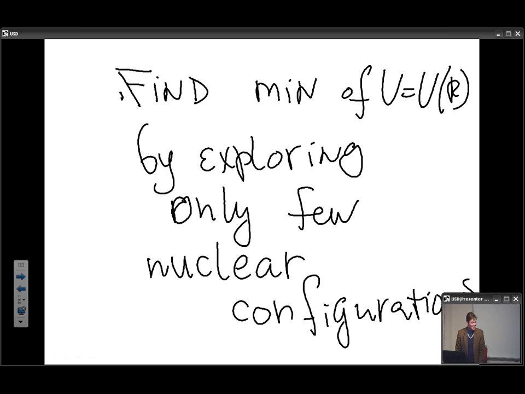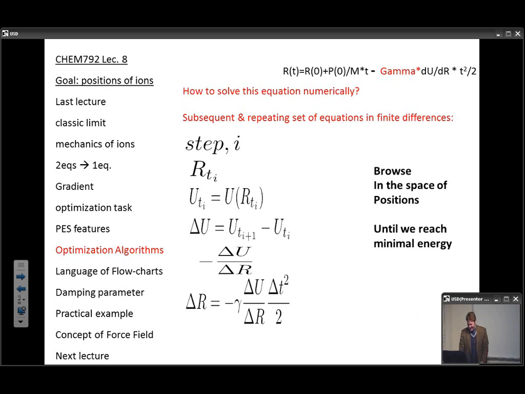Is it possible? Can we do it? I hope so.